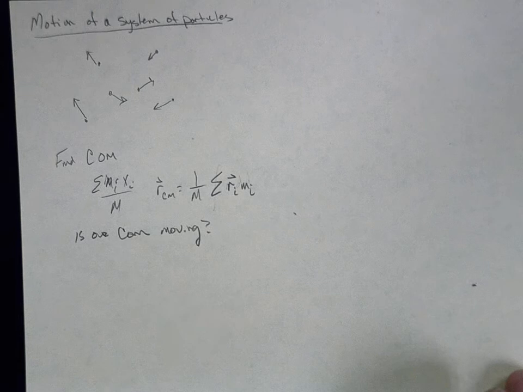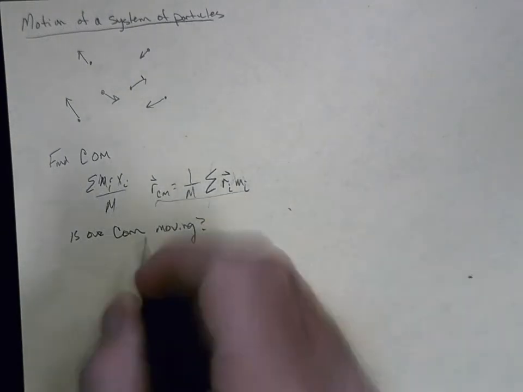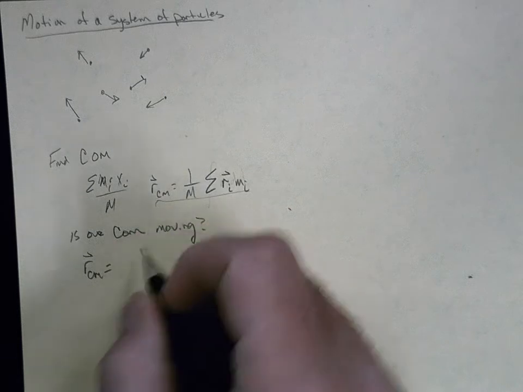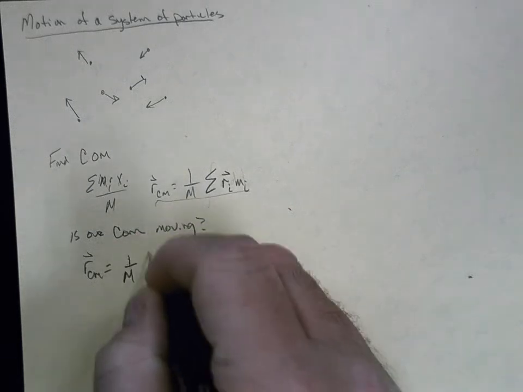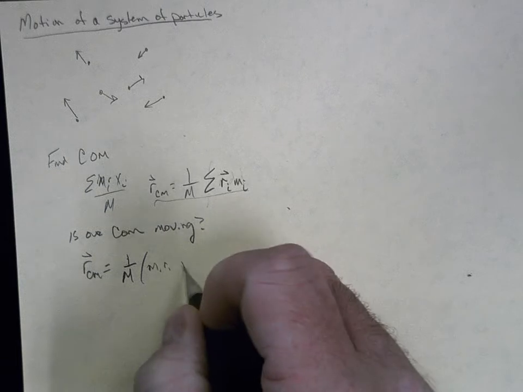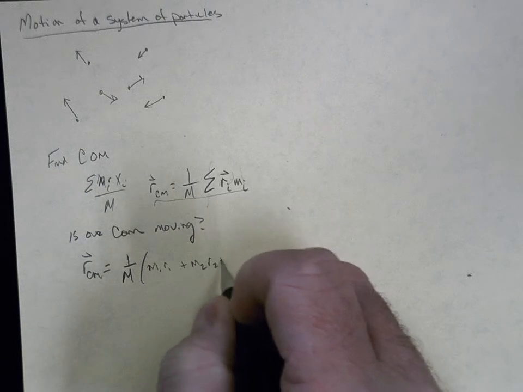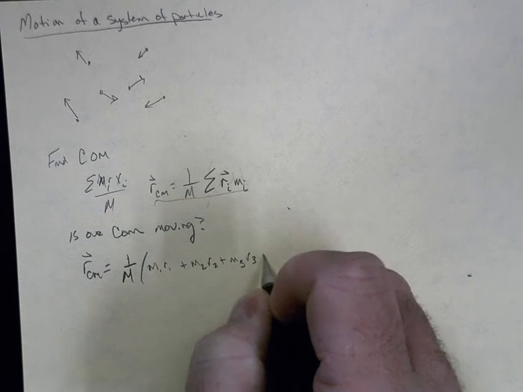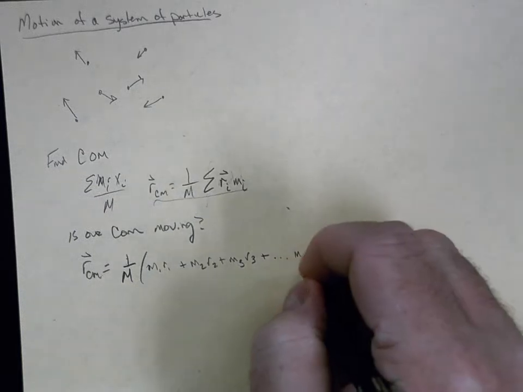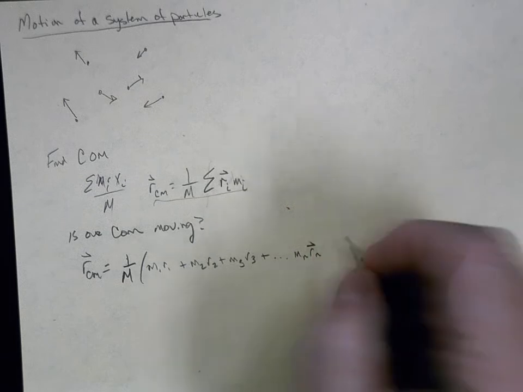Okay, so we're going to expand this term a little bit, and we get R_CM is going to equal 1 over big M times m1 r1 plus m2 r2 plus m3 r3 plus, we can go on forever, to mN rN, however many pieces we have.